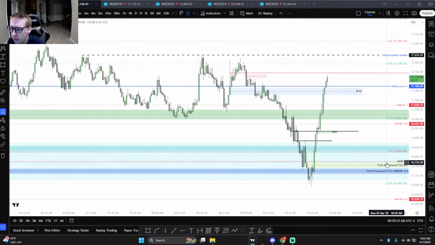Constant encroachment of the wick. See if we use this inversion for value gap here.